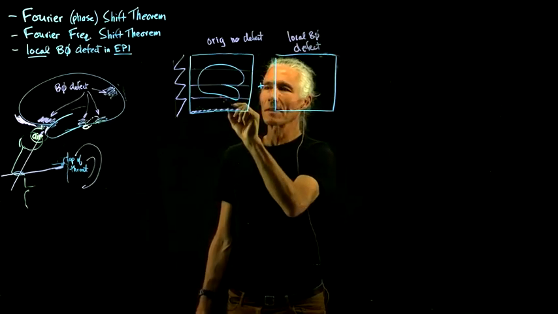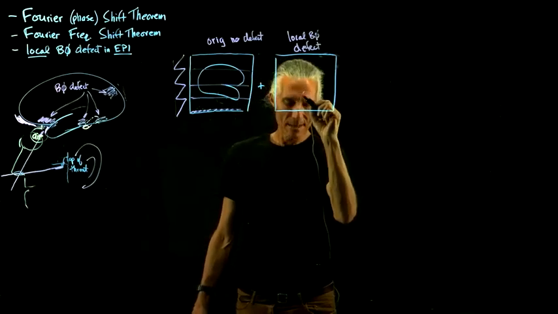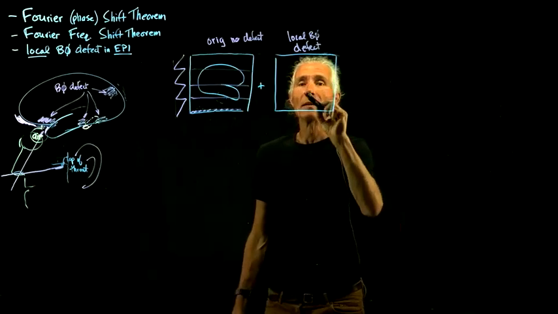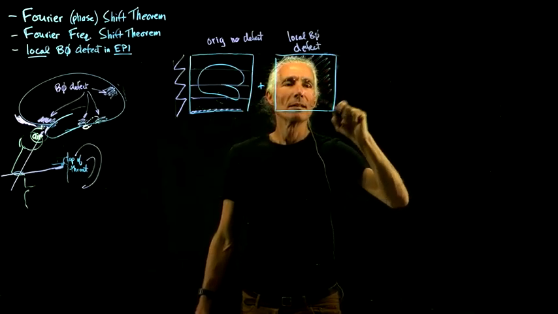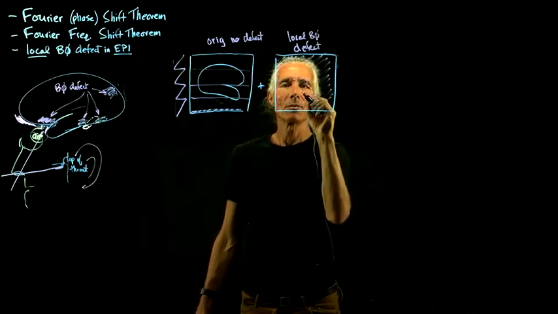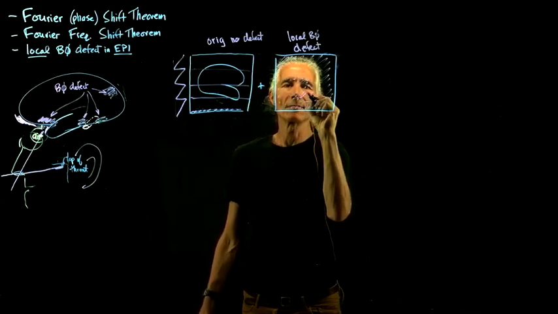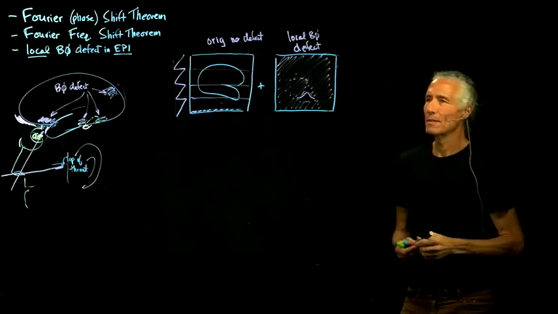Say there's a local B0 defect somewhere in this range. What does that look like? No defect here, and then maybe the magnetic field is just overly big right there. So a little defect like that, a little increase in the magnetic field.